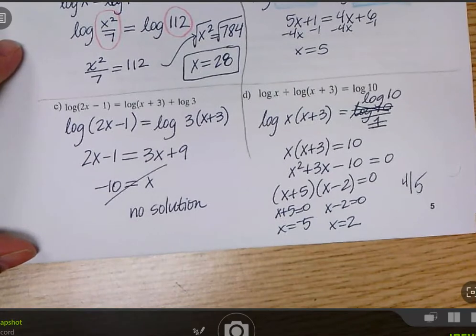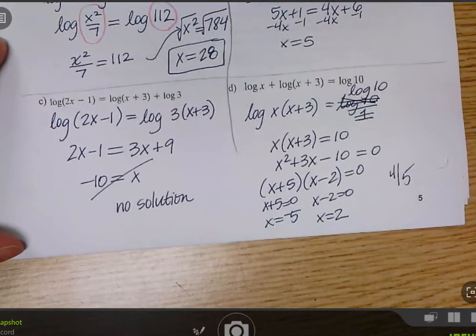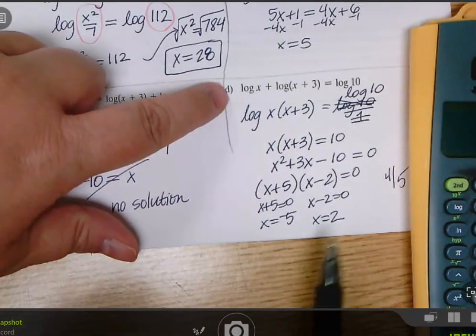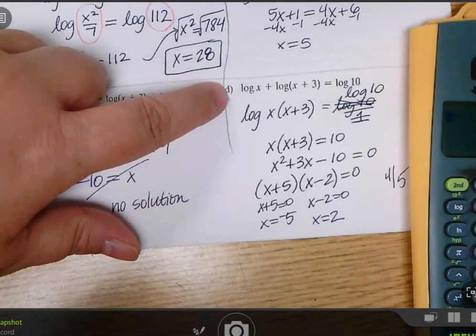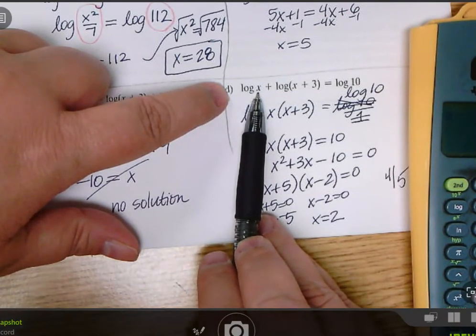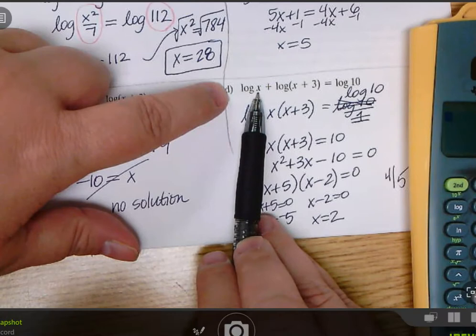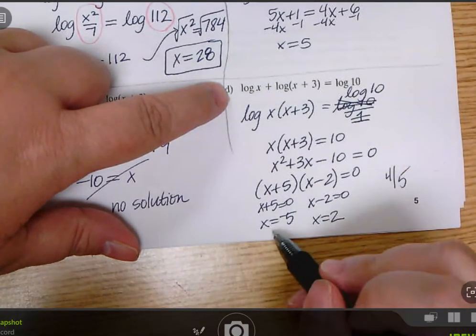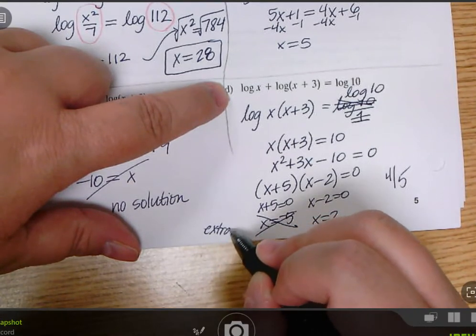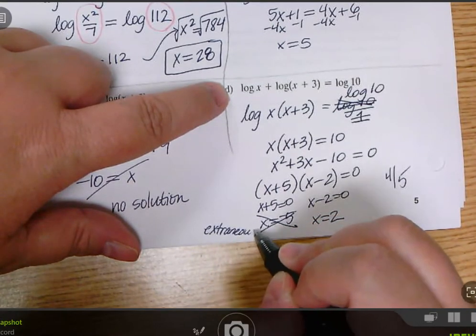So I'm going to go back and check now. I'm suspecting, since I got two solutions, I bet I'm going to end up throwing one out, but we'll see. Maybe not. Well, right away we can see, can't we? Log of a negative number, that does not fly. Log of a negative doesn't work. This is extraneous. It's nice to write that on there, extraneous.